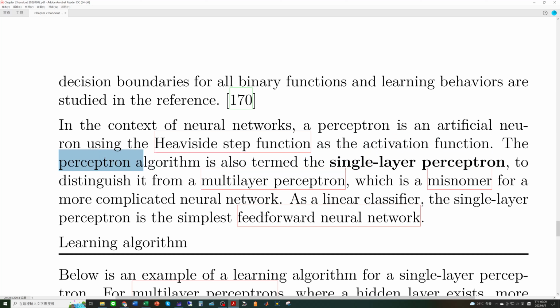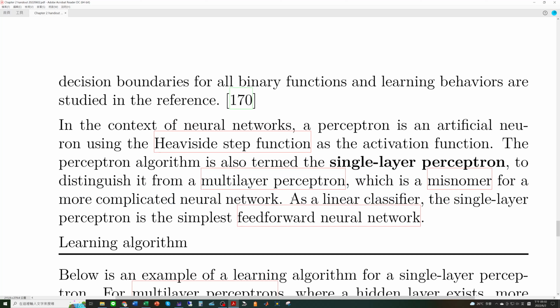The perceptron algorithm is also termed the single-layer perceptron, to distinguish it from a multi-layer perceptron, which is a misnomer. We will introduce what a multi-layer perceptron is and what the word misnomer means later. It is a misnomer for a more complicated neural network.